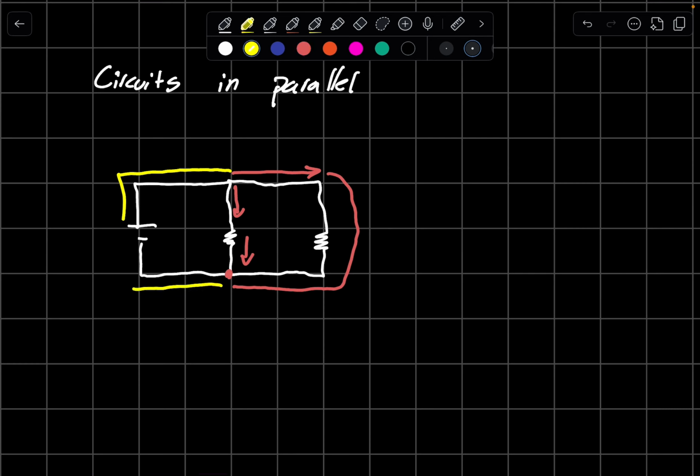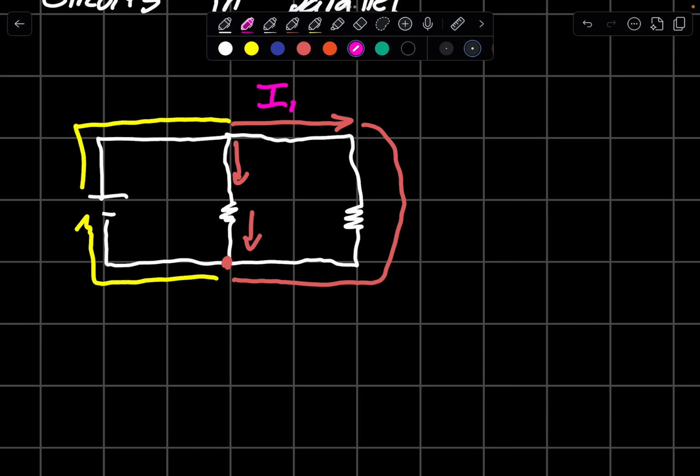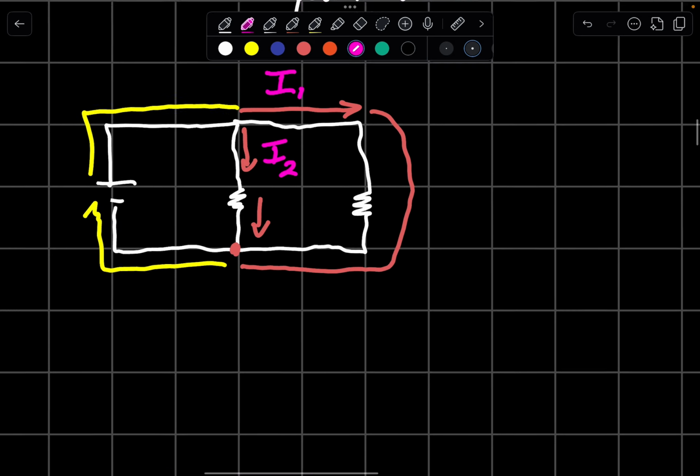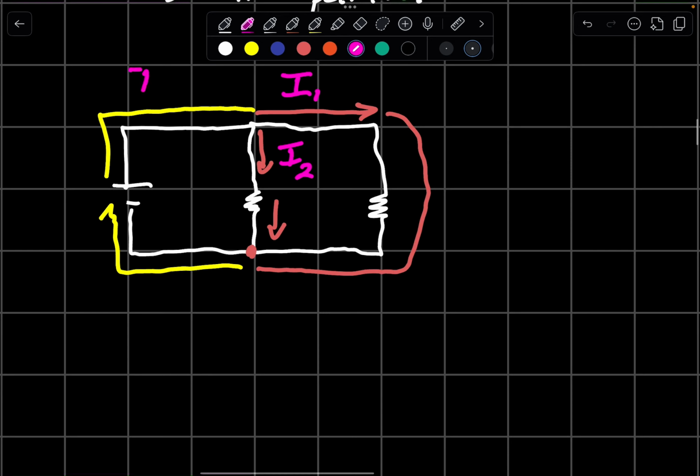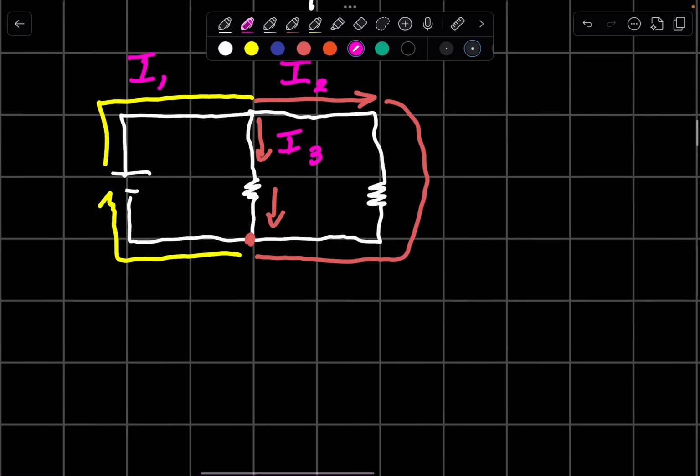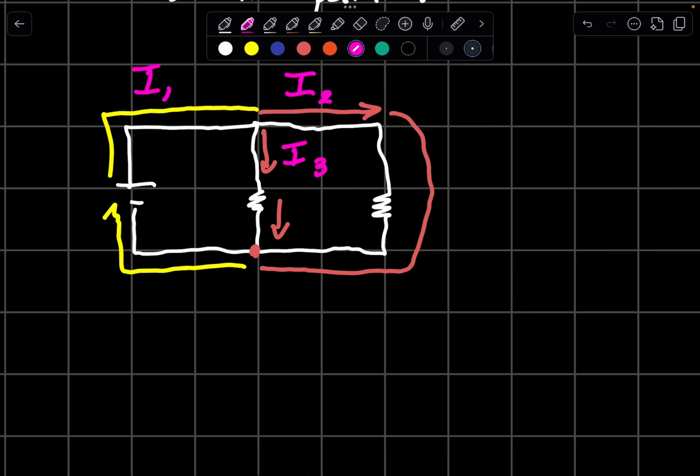So what happens here is that it split up into two different currents. This would be I1, and this would be I2 and I3. Logically, I2 goes through here and then stops here, and I3 goes here and then stops here as well.